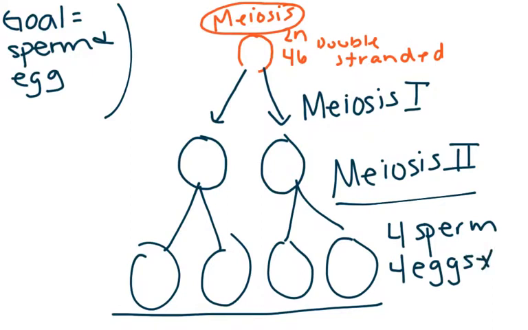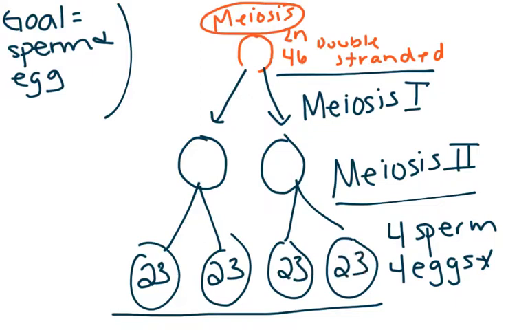Okay. Now, when we look at this, what we need to remember is at the end of meiosis, if we compare it back to the beginning, these are going to each have 23 chromosomes. Okay, they are haploid, and they are also going to be single-stranded. So that is the difference, is that in mitosis, it's producing the exact same thing.